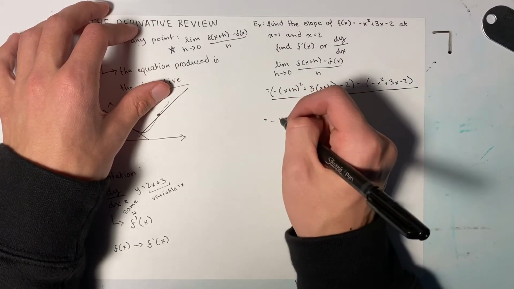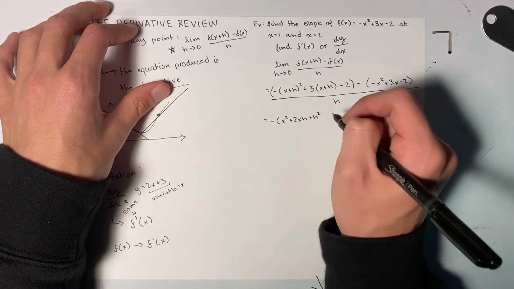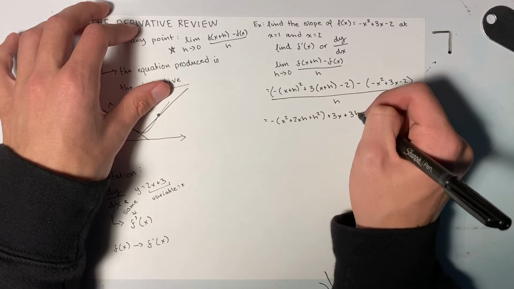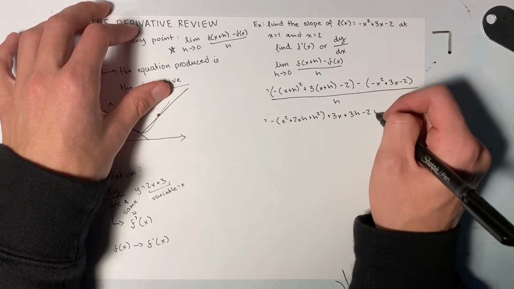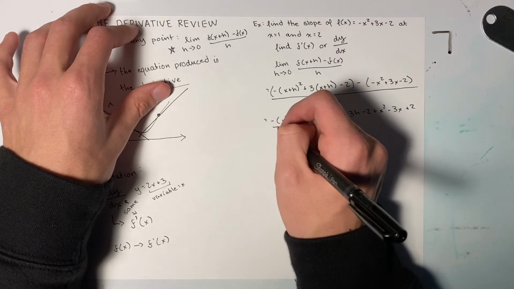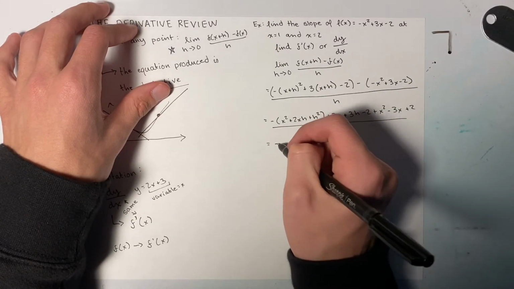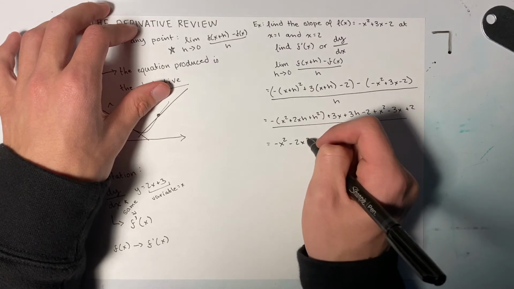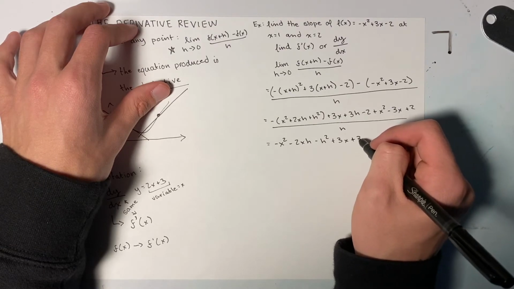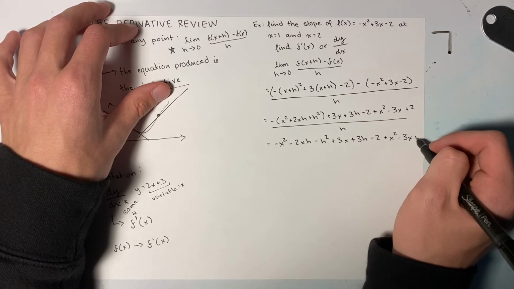We're going to get negative x squared plus 2xh plus h squared, plus 3x plus 3h minus 2 plus x squared minus 3x plus 2, over h. And then we can factor in this negative, so we're just going to get negative x squared minus 2xh minus h squared plus 3x plus 3h minus 2 plus x squared minus 3x plus 2.